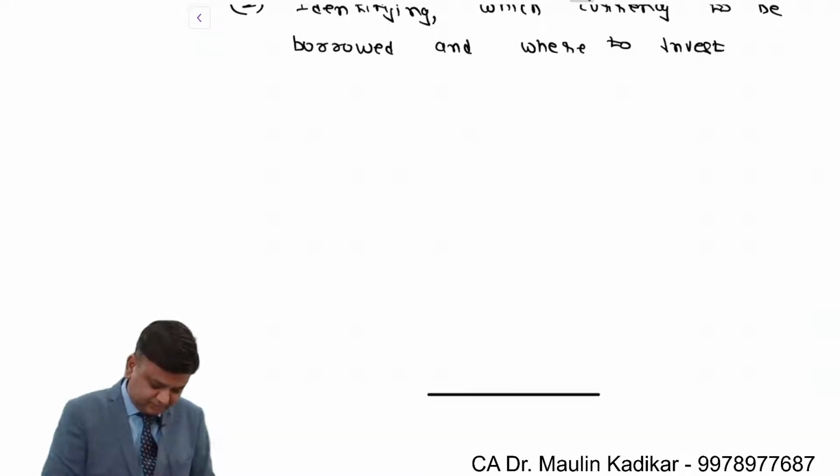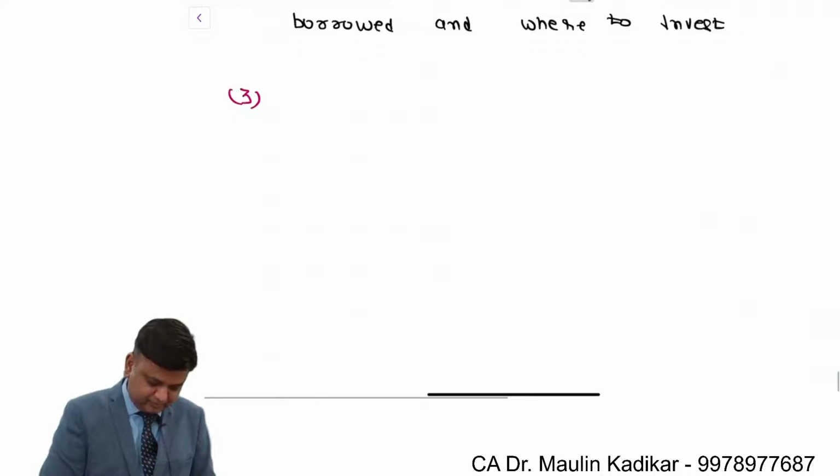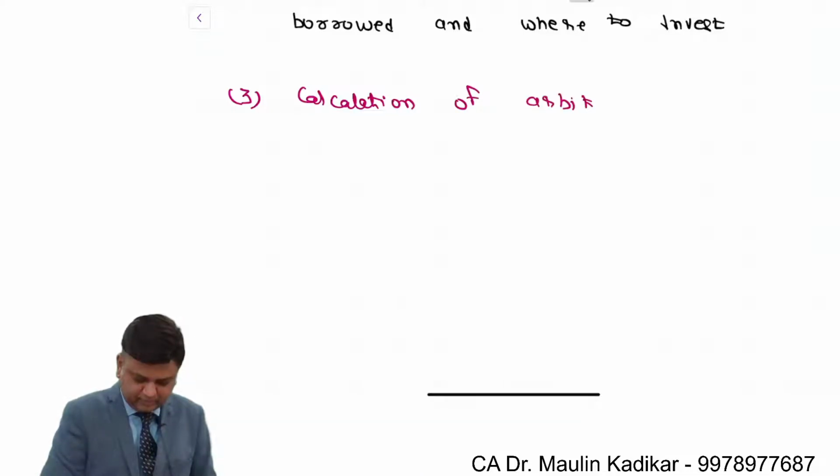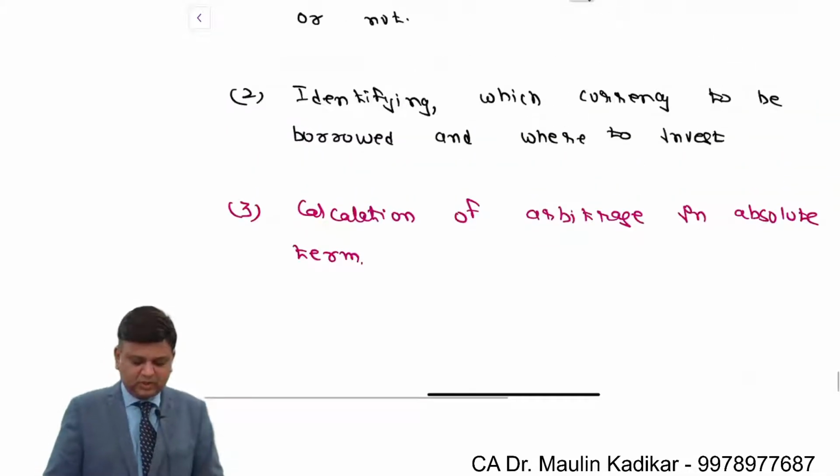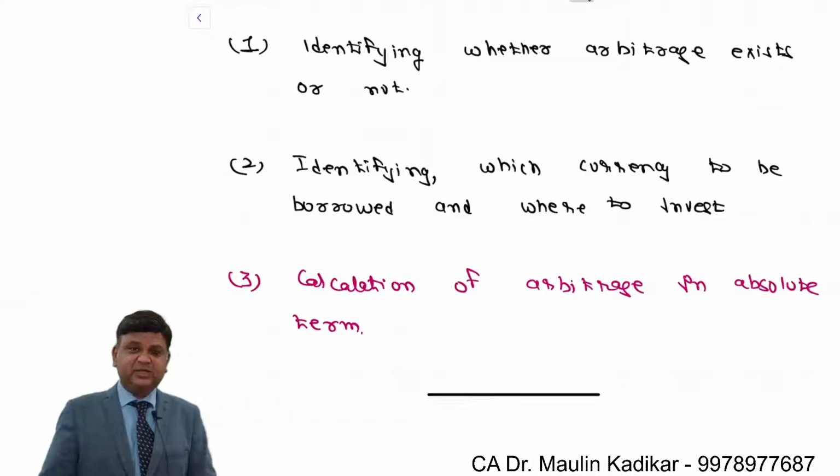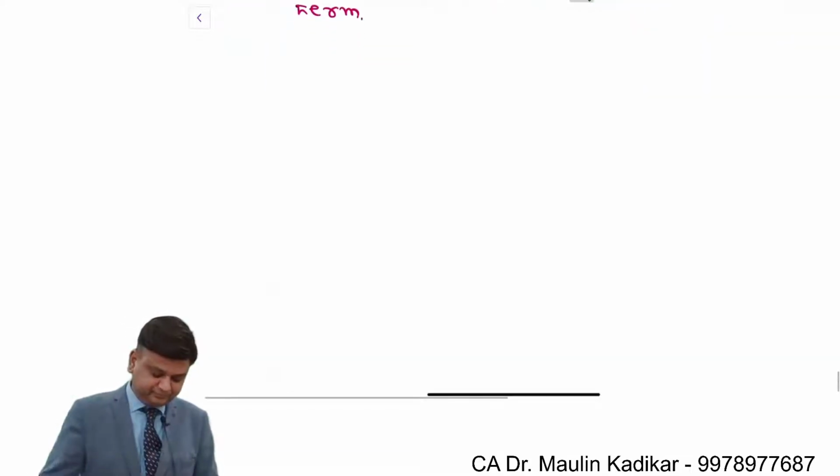Third, calculation of arbitrage in absolute term. So these are the three steps in which we are required to do the answer.